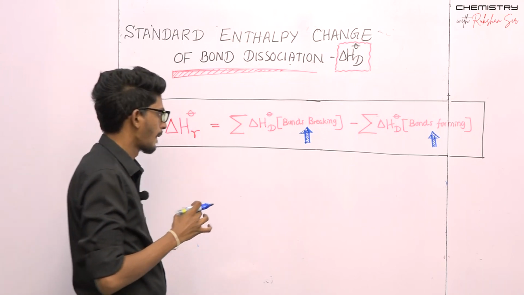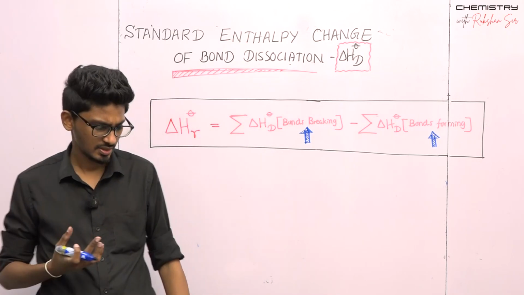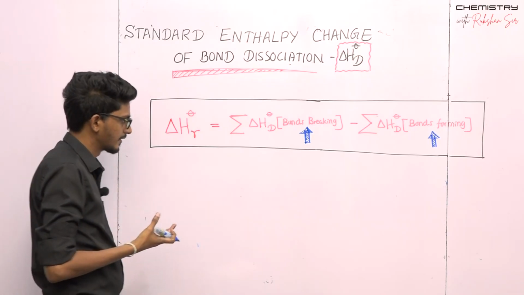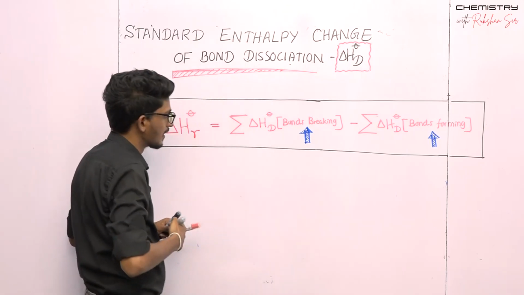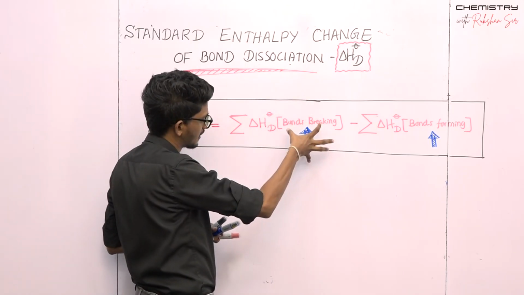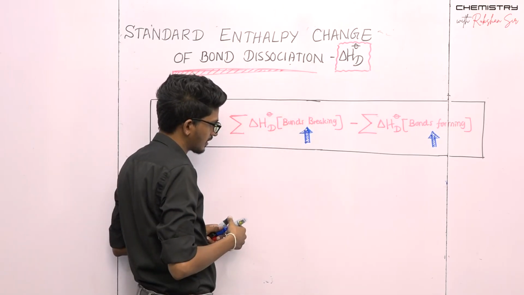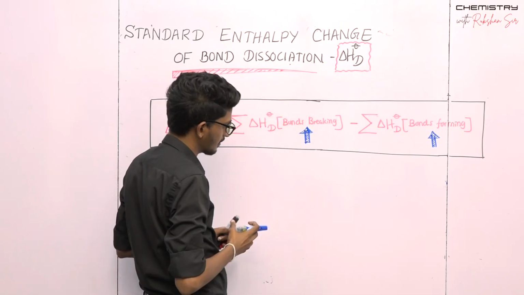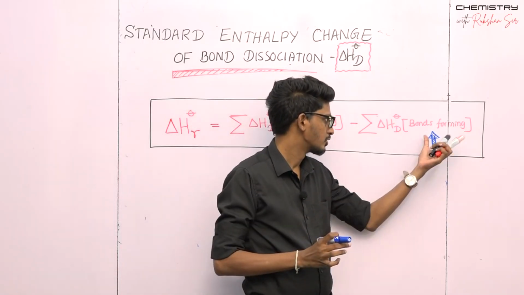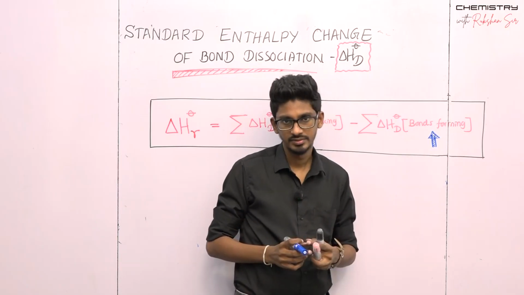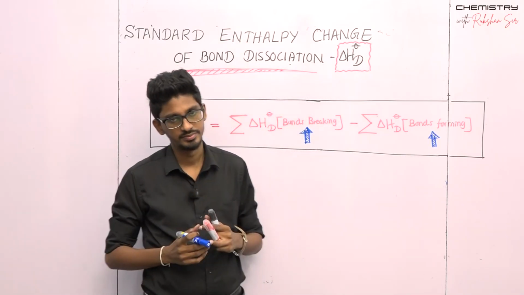When we are thinking of a chemical reaction, we say a chemical reaction occurs by first breaking all the bonds of the reactants to come up with individual gaseous atoms, and then those will recombine to form the products. In such a manner, a reaction will occur.